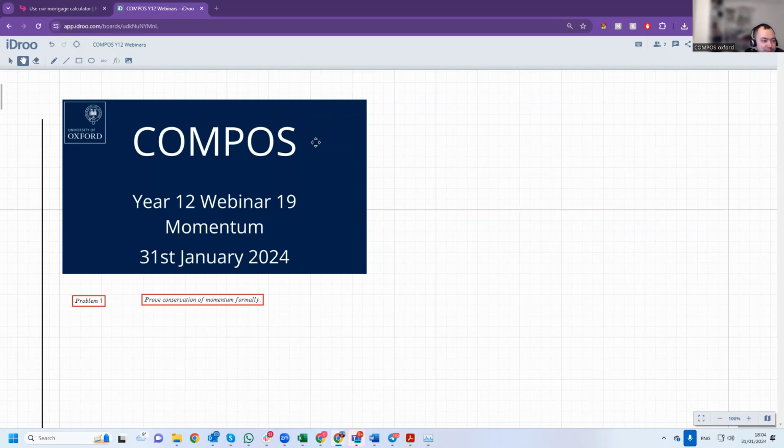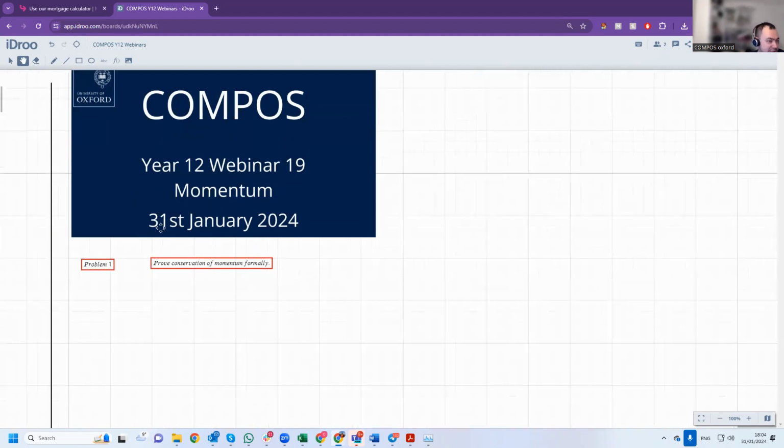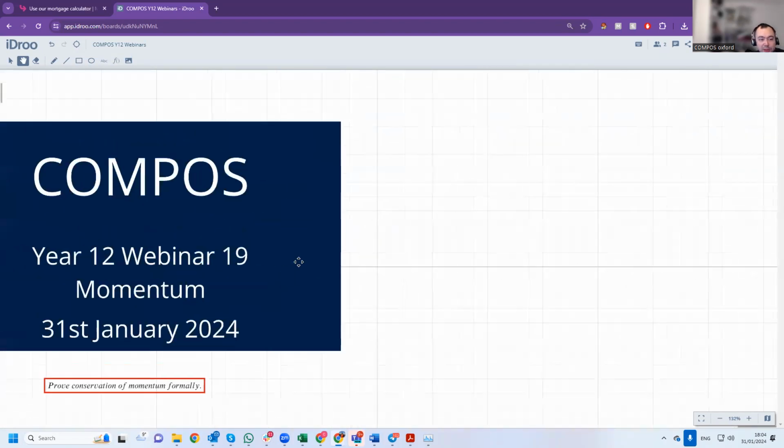So momentum is a vector quantity. Momentum is mass times velocity, and because mass is a scalar quantity and velocity is a vector quantity, we have a vector quantity.